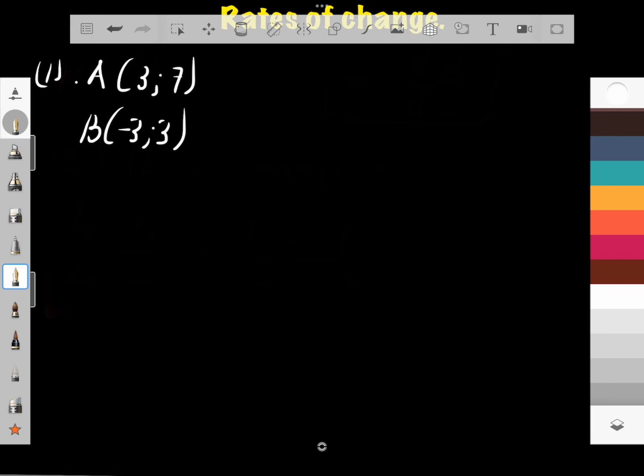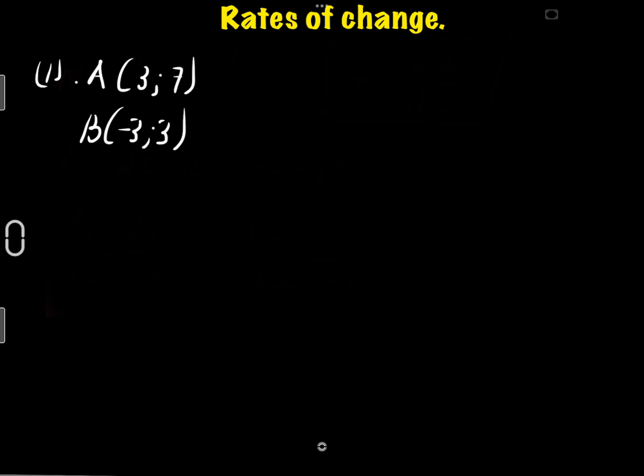Now, for us to find or rather determine the gradient is to actually annotate our original equation for gradients. m is equal to the change of y over the change of x. So by substitution, we need to substitute these coordinates into the general formula.